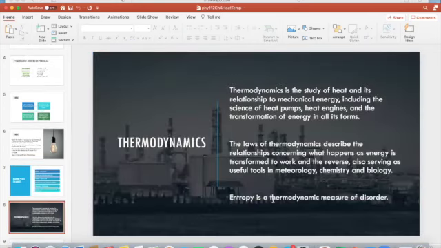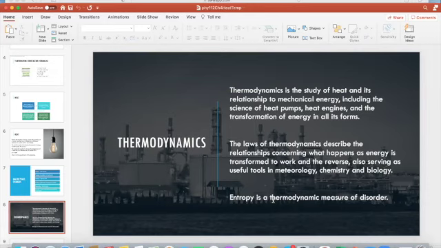Okay, next we're going to cover thermodynamics. Thermodynamics is the study of heat and its relationship to mechanical energy, including the science of heat pumps, heat engines, and the transformation of energy in all its forms. So thermodynamics is pretty much mechanical engineering.